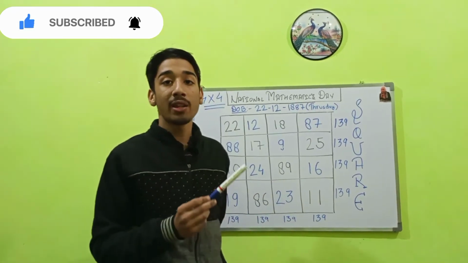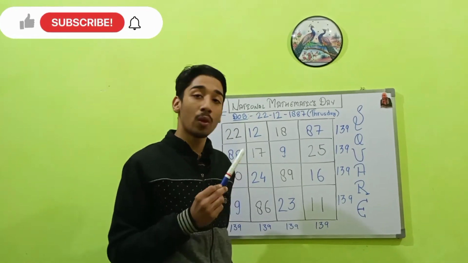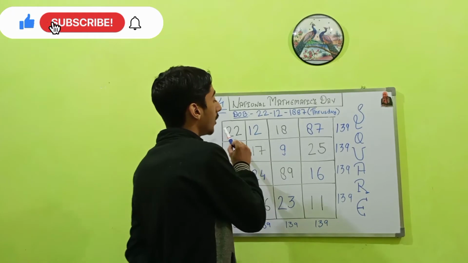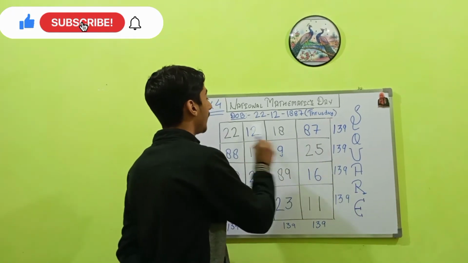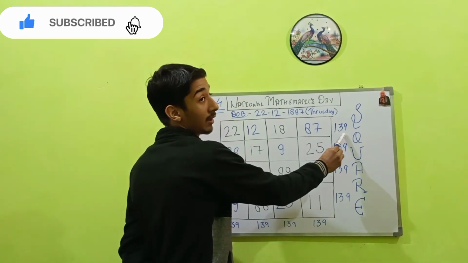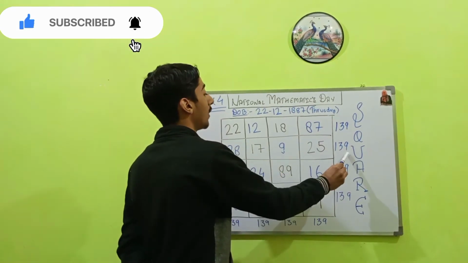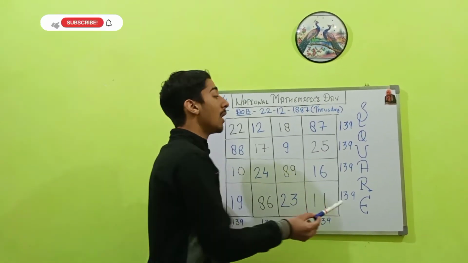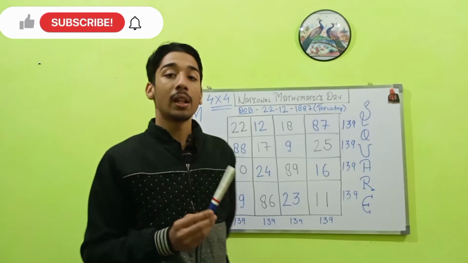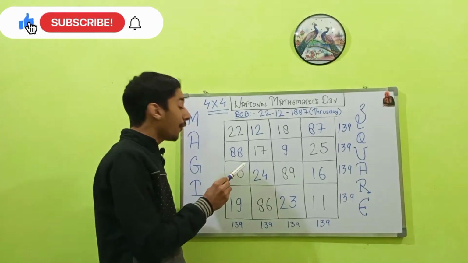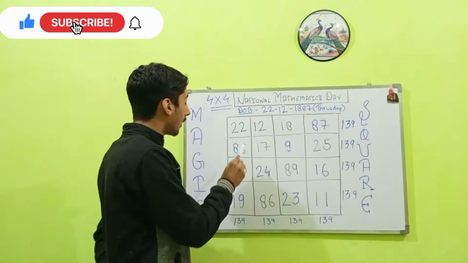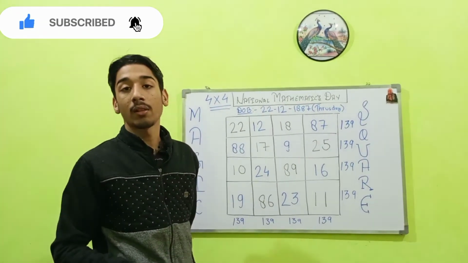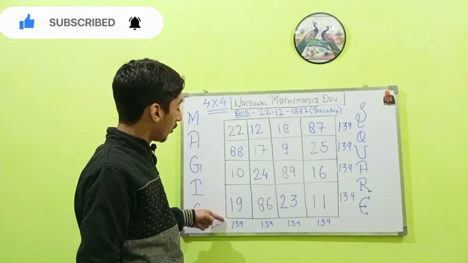Now the speciality of this square, the magic square, is that when you add the rows, this row gives 139, this row 139, this row again 139, and the last row 139. The sum will come 139. If you do the same from the column side, you will also get the same result, 139.